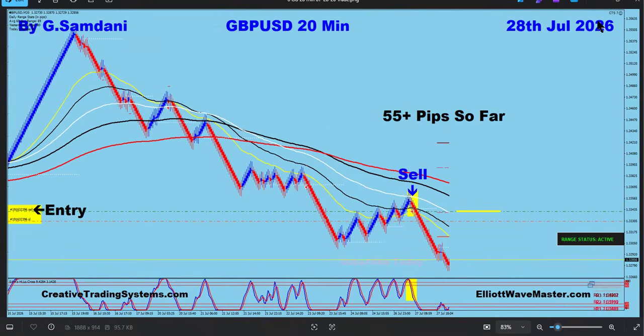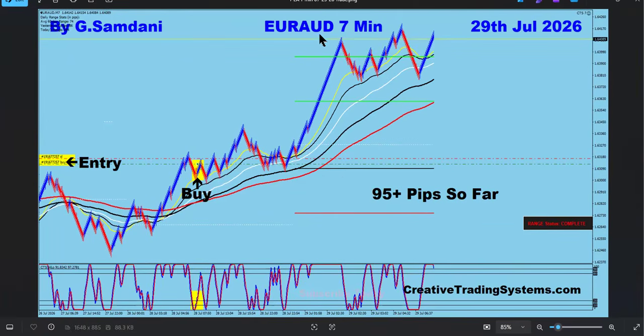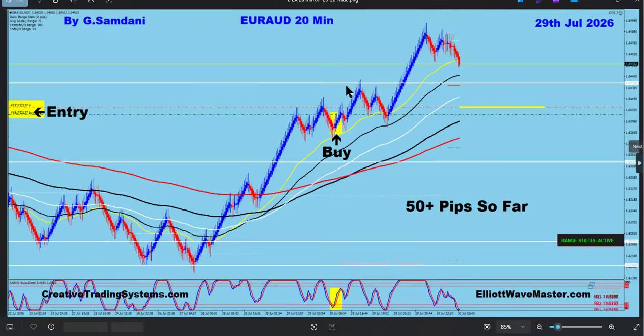And it plays the TP, SL, and all of that, right? So this one here, Euro Aussie, I just showed you the chart that's supposed to be going, so it starts to bounce from here, gives me the entry here, and boom, 95 pip, right? From the 7-minute chart, and that 20-minute chart also gave me the entry, which is right there.